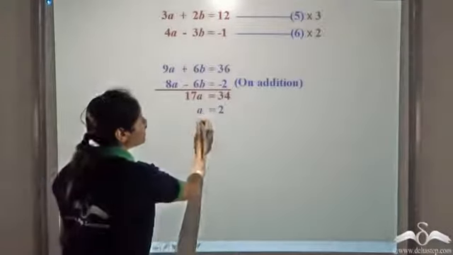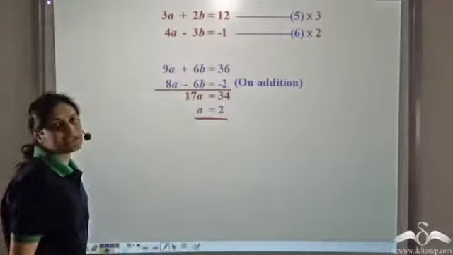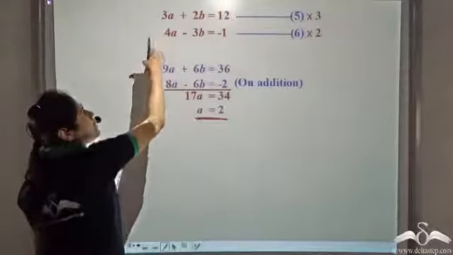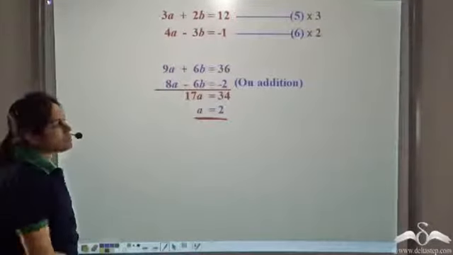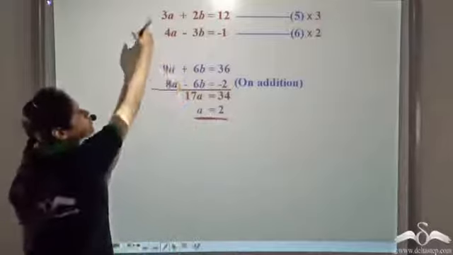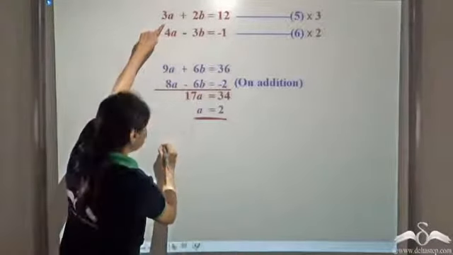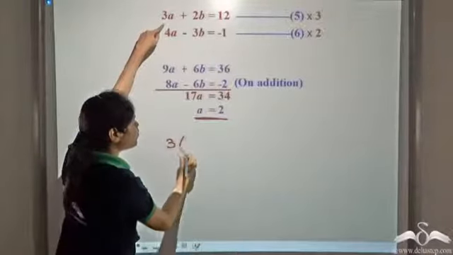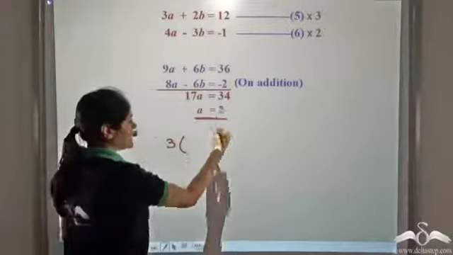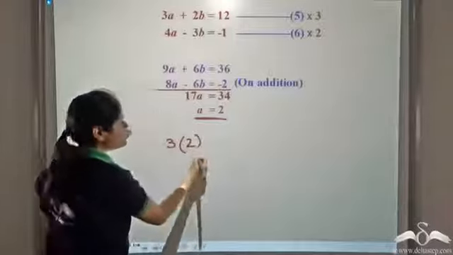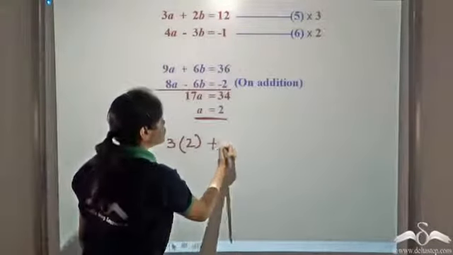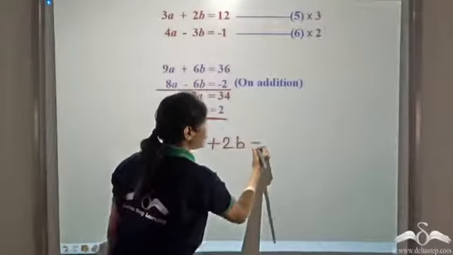Now we can get b by substituting this value of a in any of the equations. So let us put a equal to 2 in equation 5. We have 3a, that is 3 into a. In place of a, let's write 2. 3 into 2 plus 2b equal to 12.